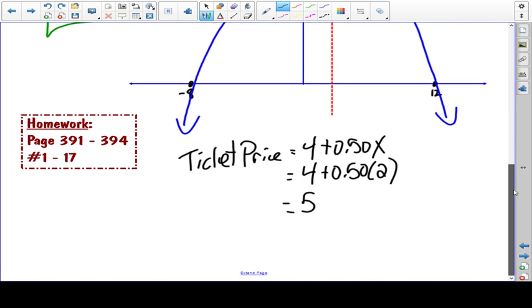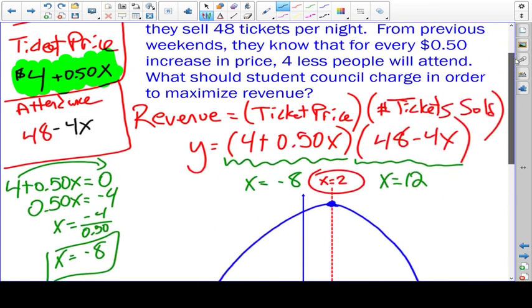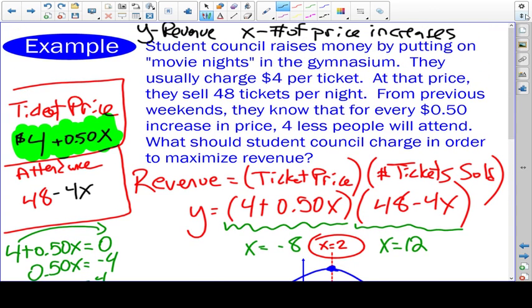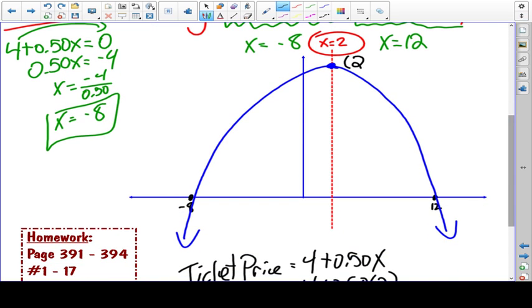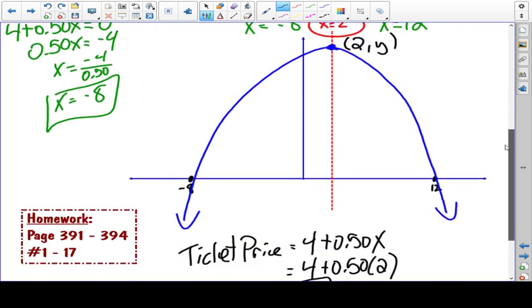So a ticket price of $5 is going to maximize the revenue. Now, that's part 1 of the question. Part 2 of the question is, what's the maximum revenue? Well, up here, we defined y as revenue. So all we need to do is find the y coordinate of the vertex, and that's going to be the maximum revenue.